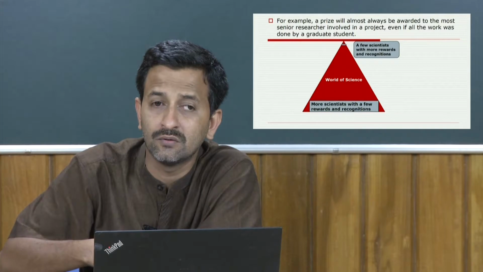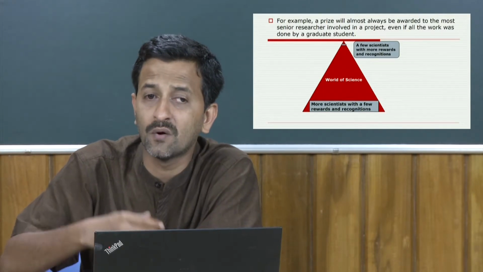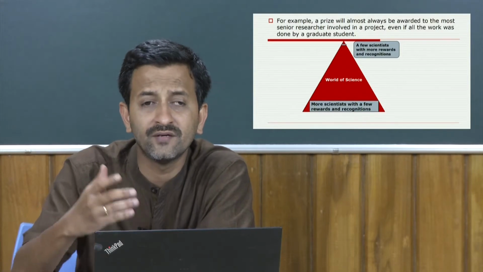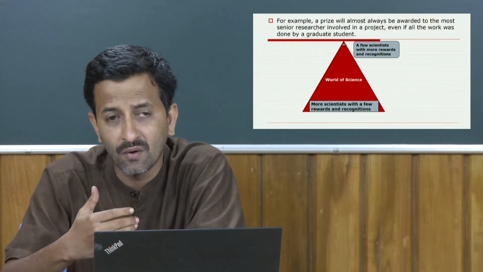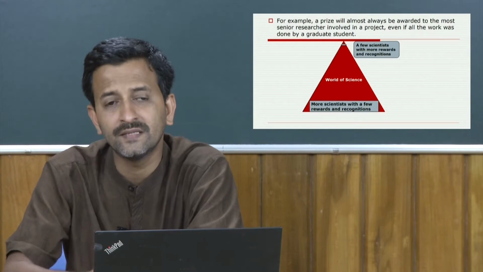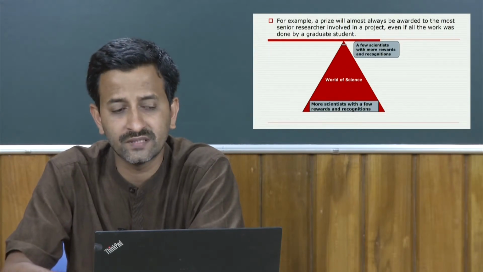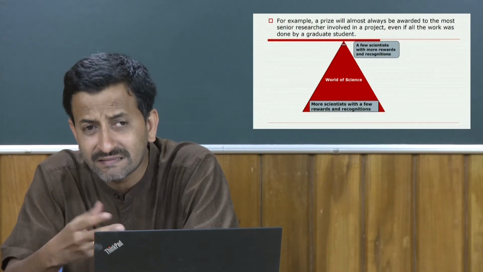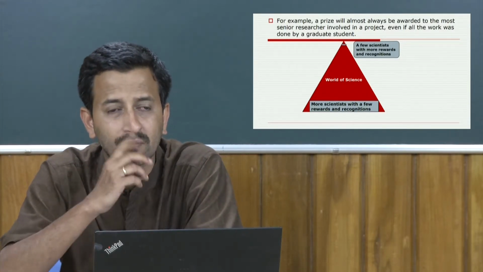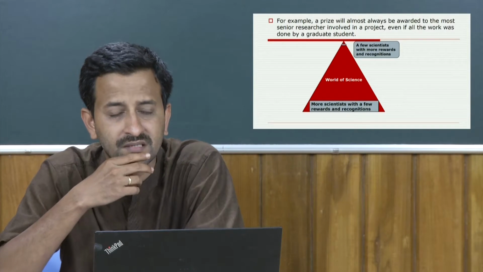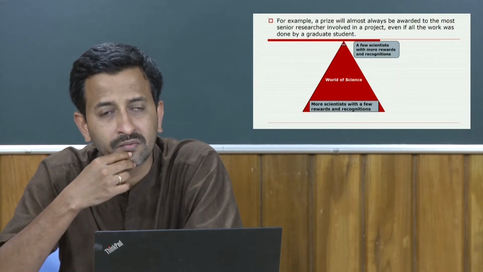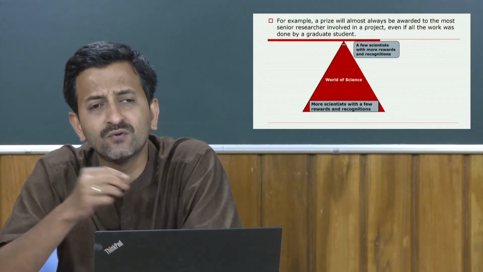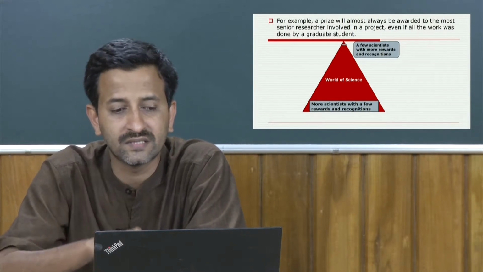This is how we look at the ways in which the world of science has been structured. It has an internal structure that is externally conditioned, where you will find many scientists with few rewards and recognitions at the bottom level, and at the top level a very few scientists with more rewards and recognitions.